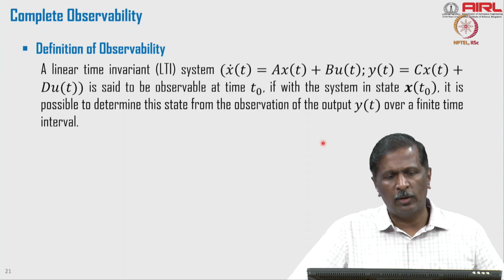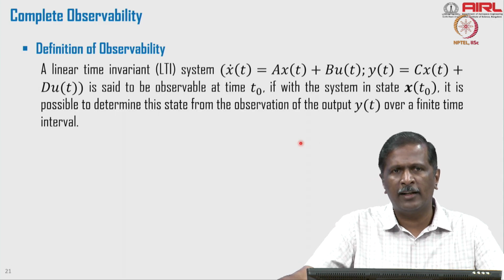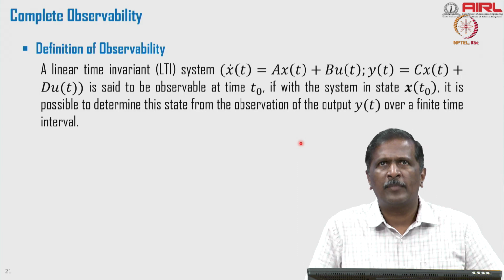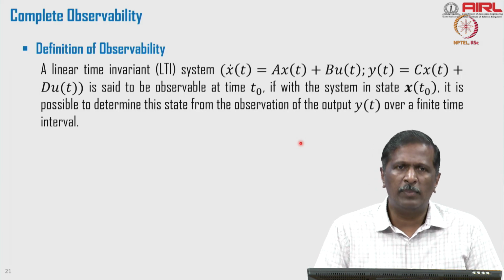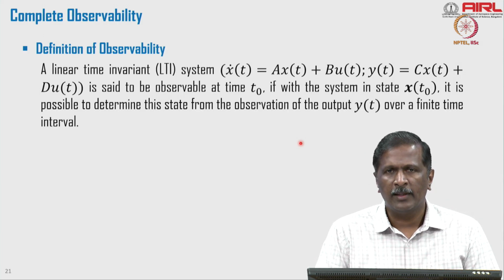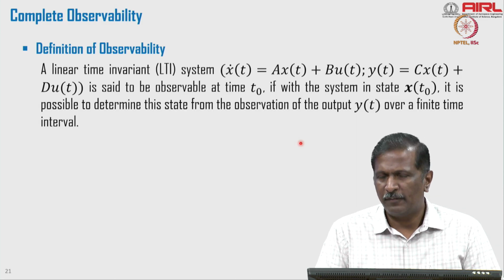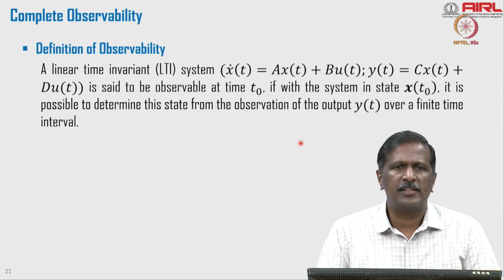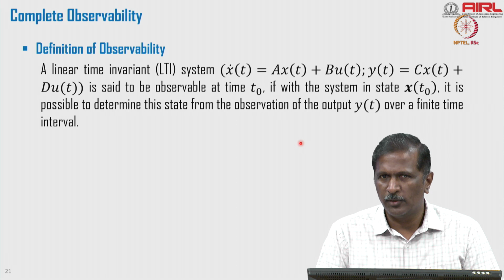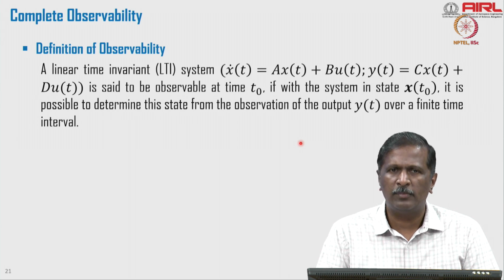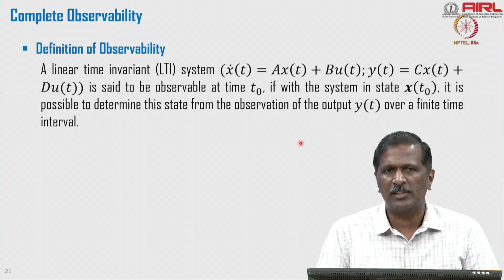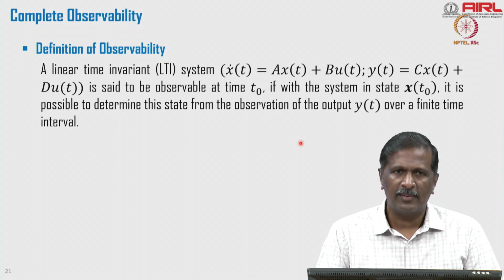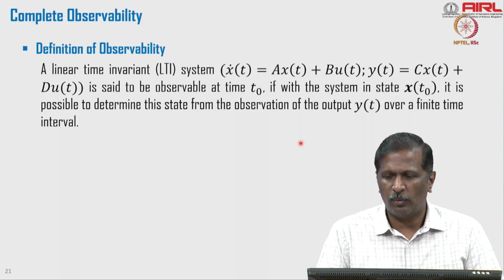Okay. Now let's look at another important concept called complete observability. Again, let's look at the definition of observability. If you take a linear time invariant system, an LTI system, x dot equal to Ax plus Bu, I mentioned earlier I am going to drop the term t for ease, y is equal to Cx plus Du. Observability, I am talking about what I can observe.